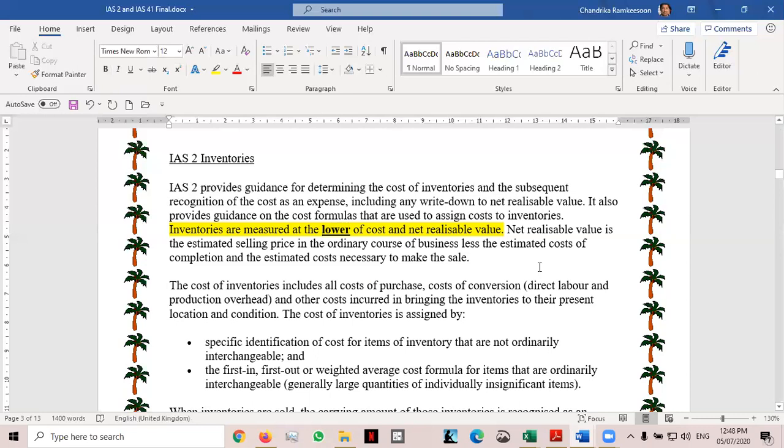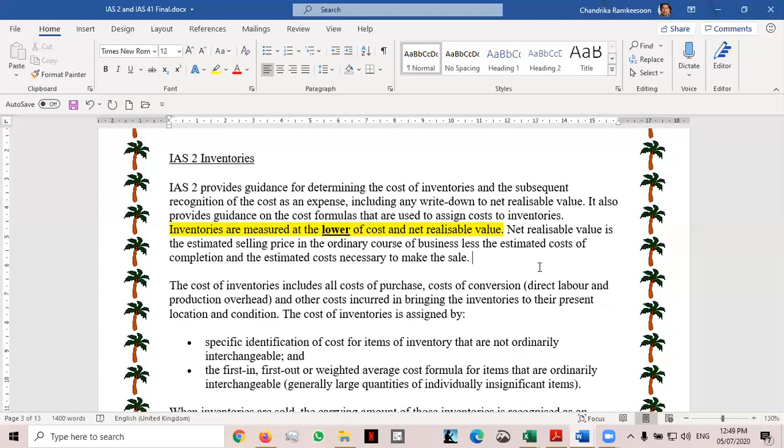And net realizable value, I mean, cost is fairly straightforward. You'll use your normal basis for determining cost. Of course, this may be weighted average cost. It may be FIFO, things like that. Not LIFO. LIFO isn't really allowed for stock valuation. Or it may just be the actual cost.